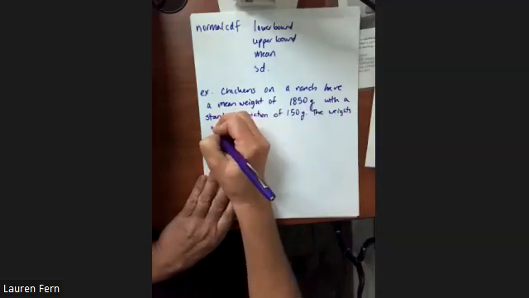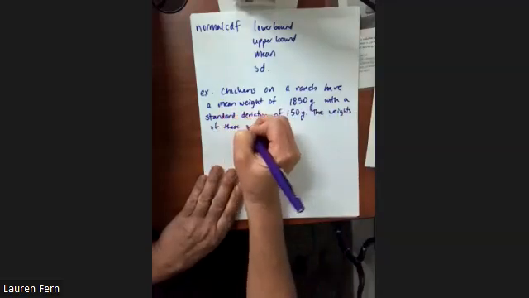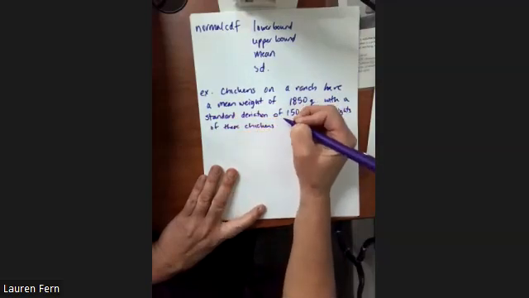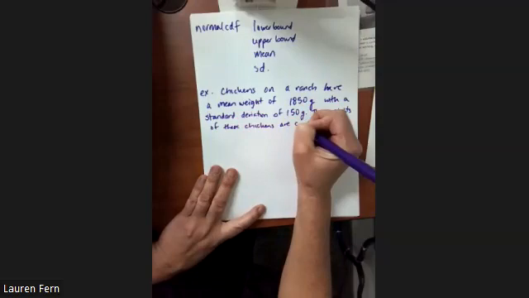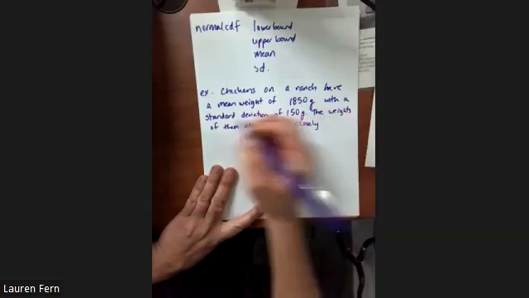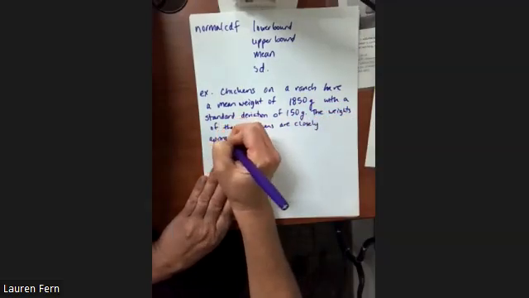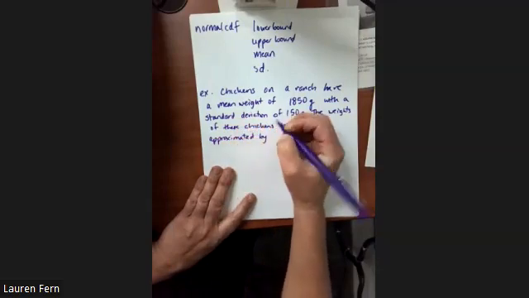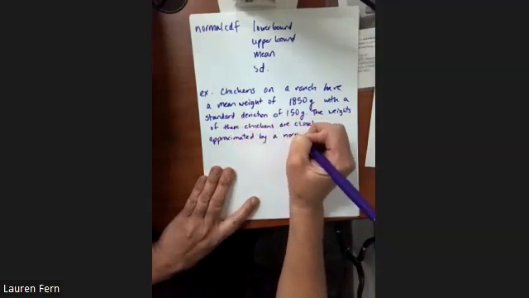The weights of these chickens are closely approximated by a normal distribution.